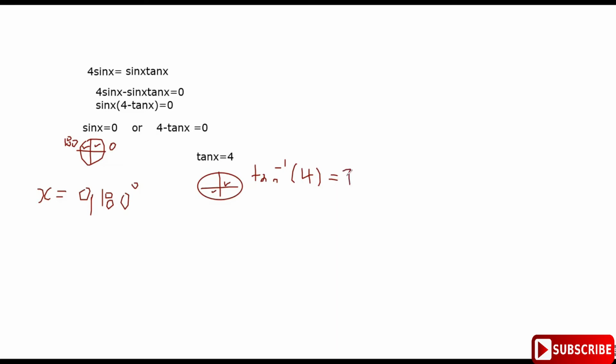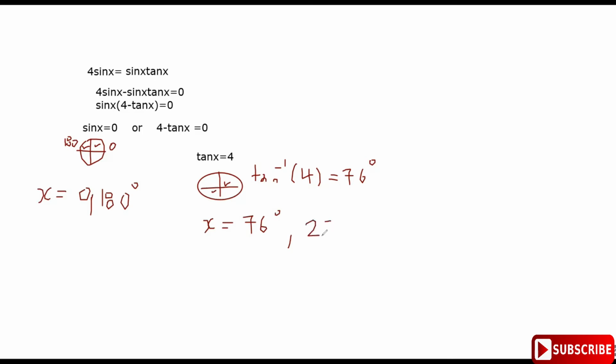Let's call that 76 degrees. And so the angle in the third quadrant is 180 plus 76 degrees, which is 256 degrees.